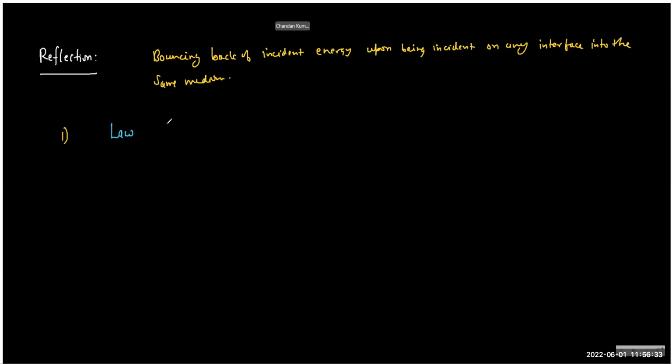So, laws of reflection. It's a very simple law, which you know. The law of reflection is a consequence of Fermat's principle of least time.